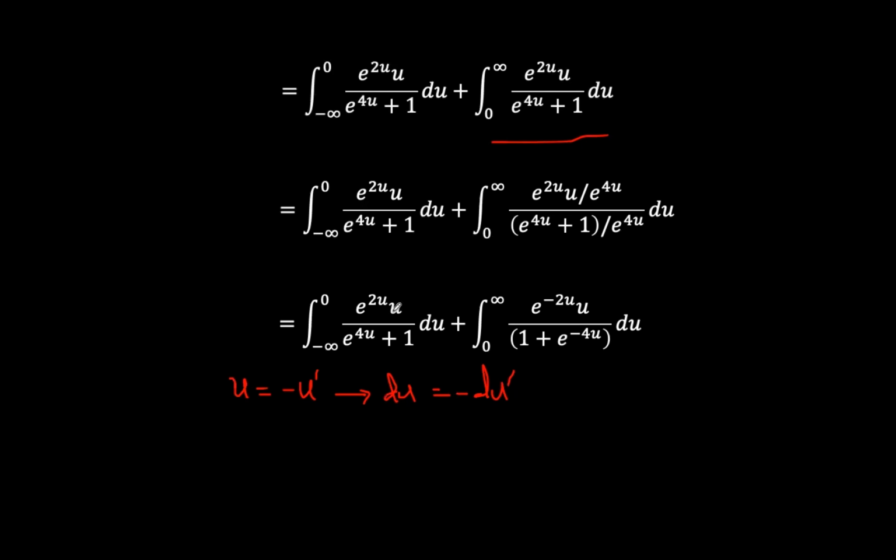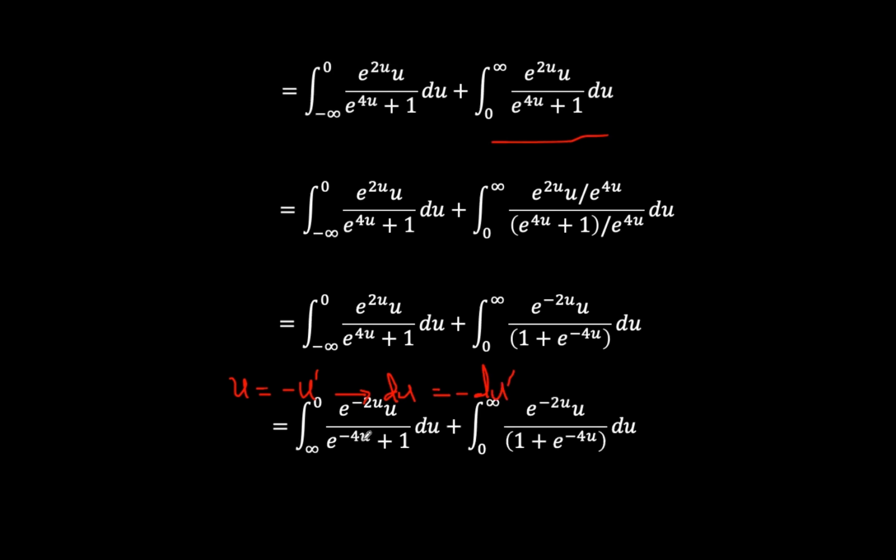This becomes negative u prime, and the negative here becomes positive, so the sign does not change. So essentially we have integration from u tending to positive infinity to 0 of negative u times e to the power negative 2u over e to the power negative 4u plus 1, du. So the negative from this u and the negative from the du cancel out, so we have a positive.